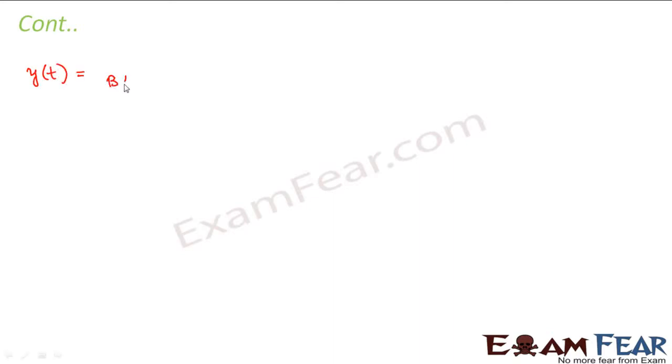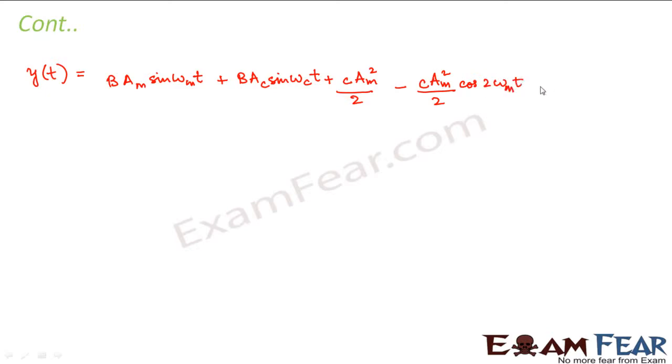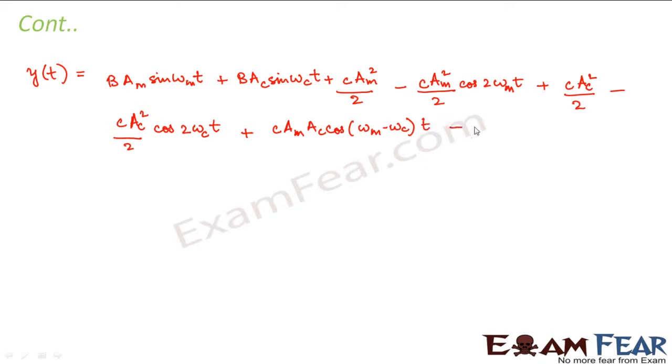We get y of t is equal to b a m sine omega m t plus b a c sine omega c t plus c into a m square divided by 2 minus c into a m square divided by 2 cos 2 omega m t plus c into a c square divided by 2 minus c into a c square divided by 2 cos 2 omega c into t plus c into a m a c cos (omega m minus omega c) into t minus c into a m a c cos (omega m plus omega c) into t.